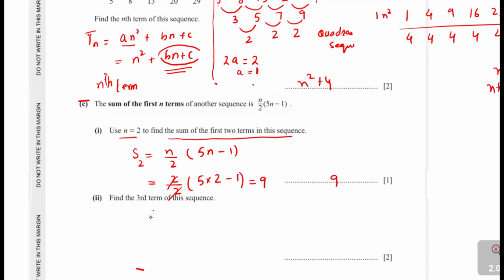Part second of part C, find the third term of the sequence. We can calculate the third term, A3, if we take the difference of the sum of 3 terms minus the sum of 2 terms.